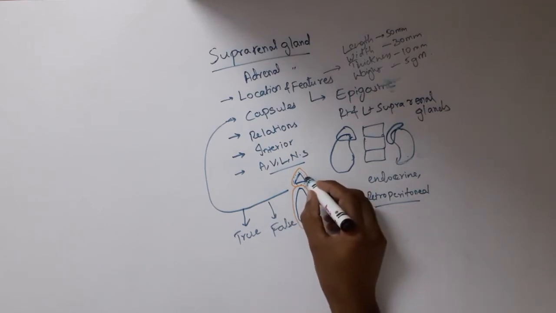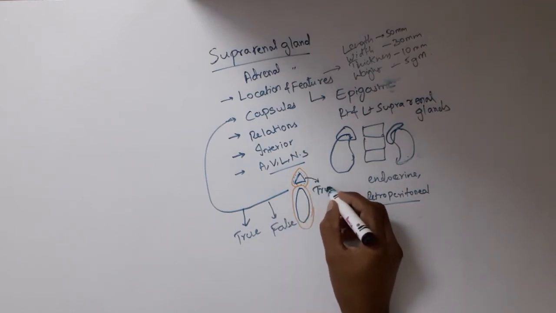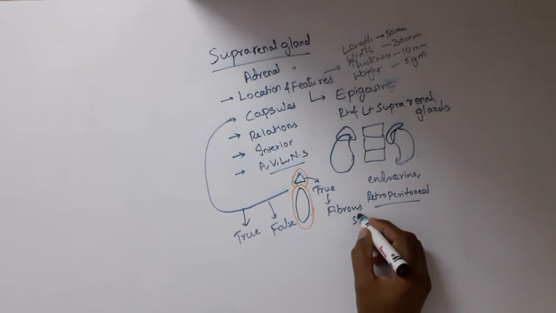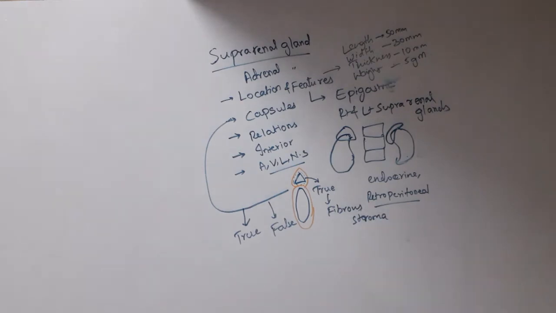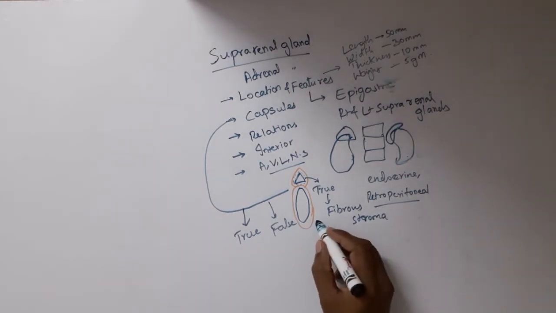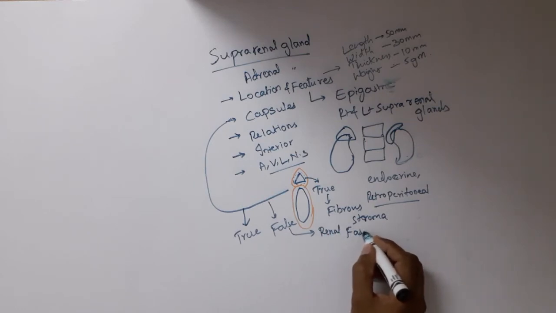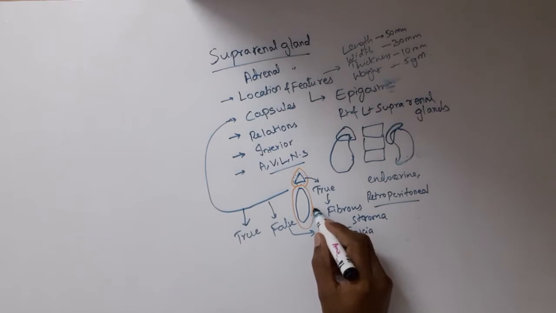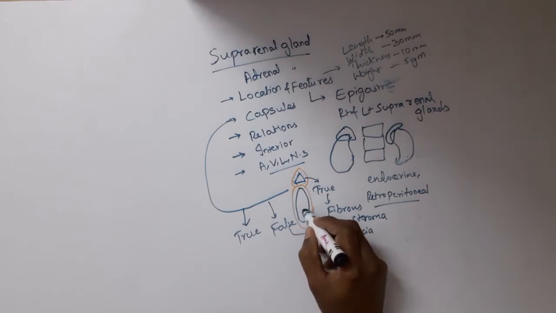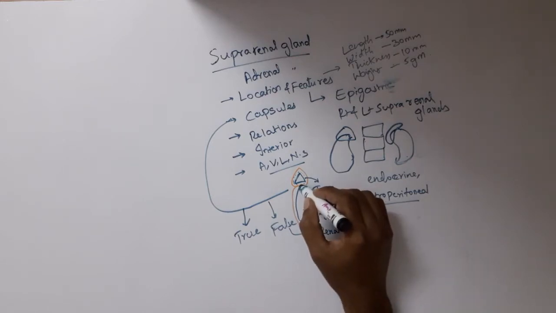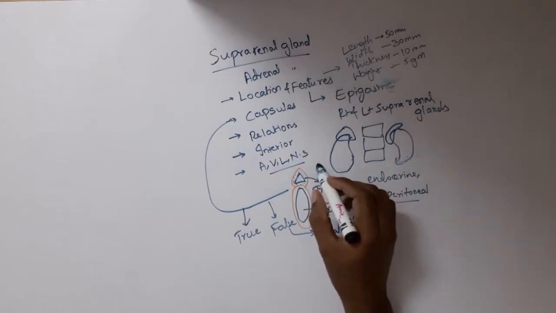So the true capsule is this dotted one, which is a modification of the fibrous stroma, whereas the false capsule is derived from the renal fascia. This renal fascia first encloses the kidney, then it splits again and encloses the suprarenal gland.